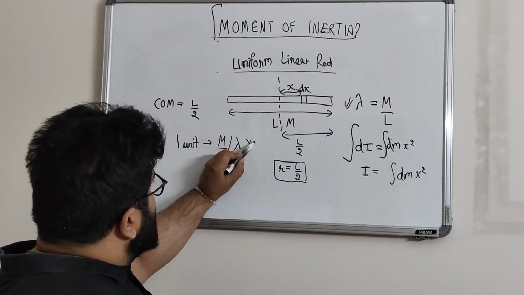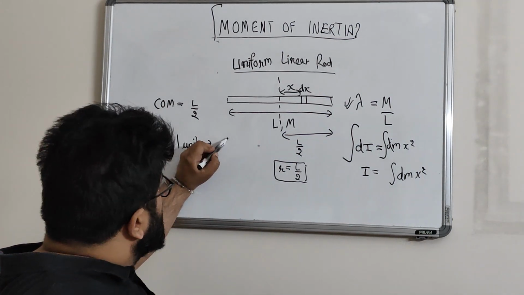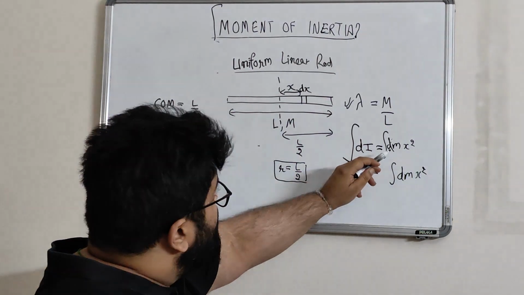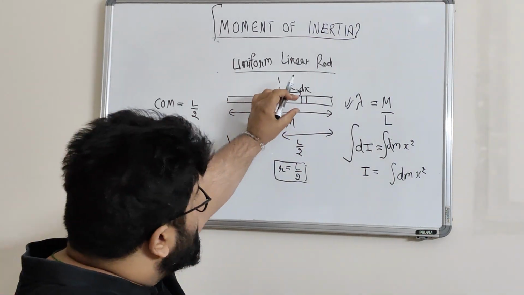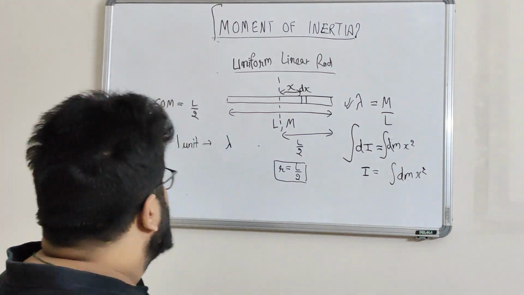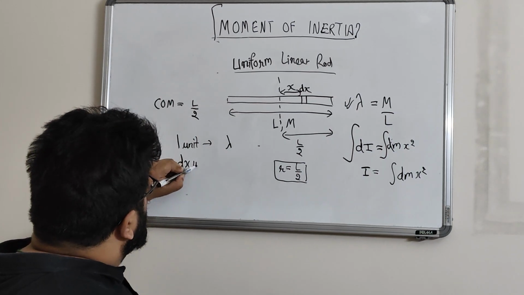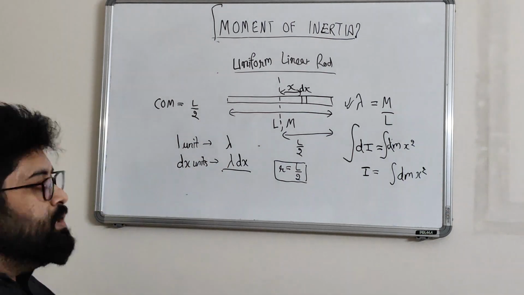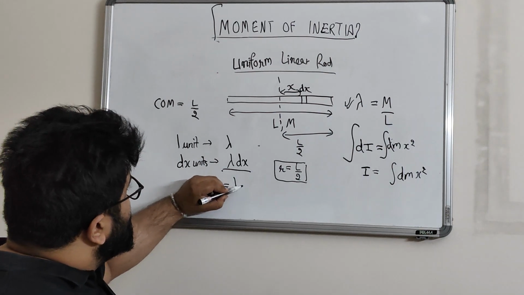If you multiply it by 1 unit of length, the mass here becomes lambda for 1 unit. But if you talk about dm, what's the length for that? That becomes dx. So for dx units, the mass becomes lambda into dx, that is lambda dx.